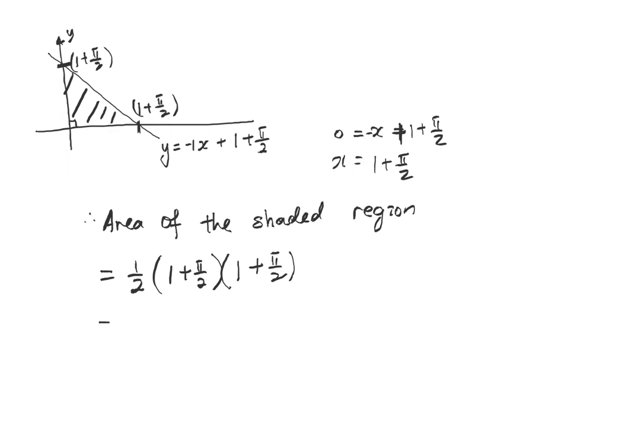So the answer is half (1 plus pi by 2) squared. Is that okay? So the moment you see this, the first thing you have to know is that you have to find the equation of tangent first. If not, you won't be able to find the area of the shaded region.